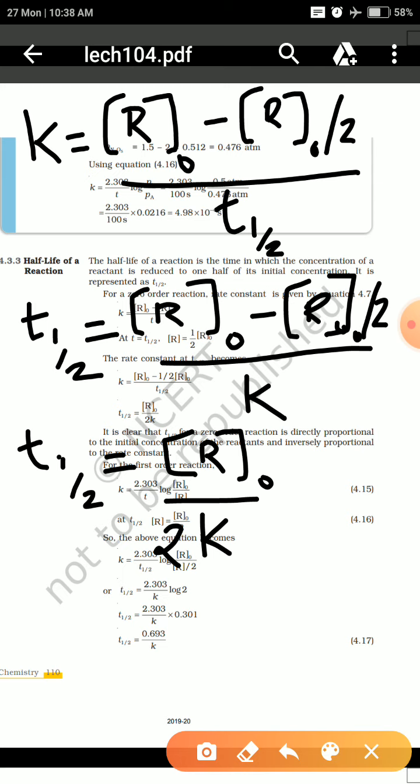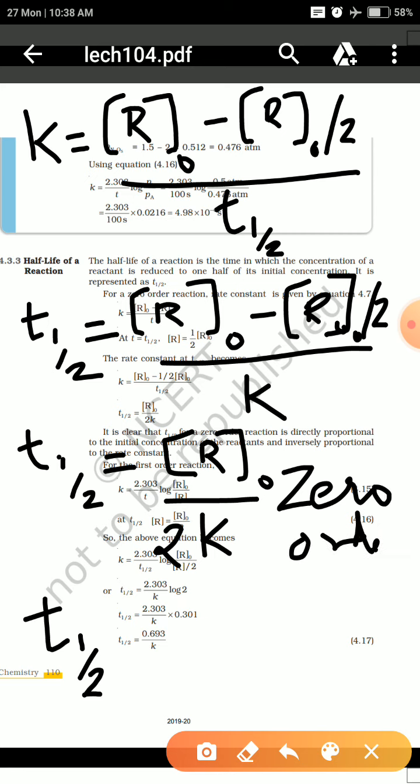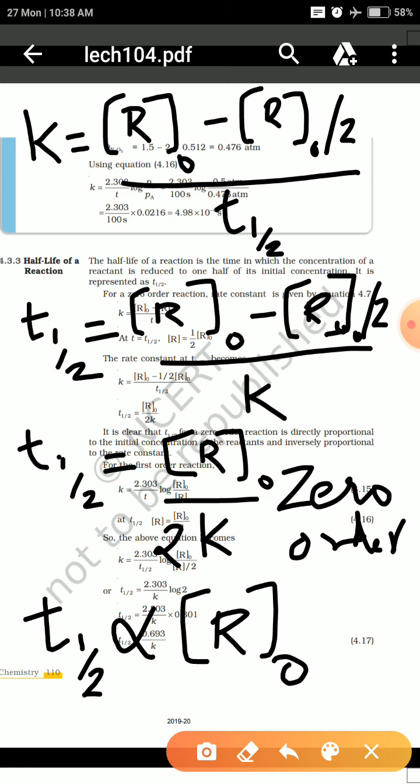Now if we see it very clearly, we can understand one thing. The half-life of a zero order reaction is directly proportional to the initial concentration of the reactant.